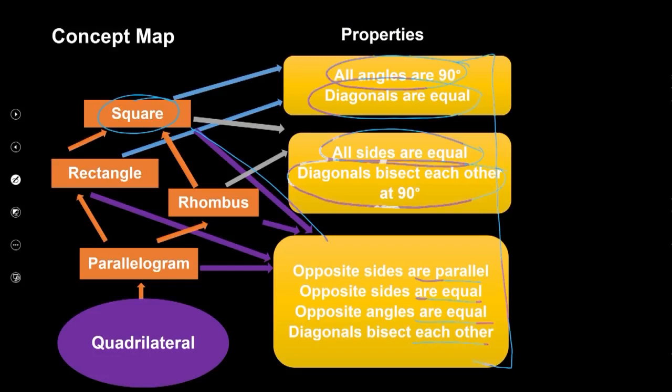So, as a result, what do we classify a square as? We can classify a square as a rectangle, as a rhombus, or as a parallelogram, based on the fact that it overlaps in all of them. But we call it a square. Why? Because it's special. It has all of the above properties to be true.